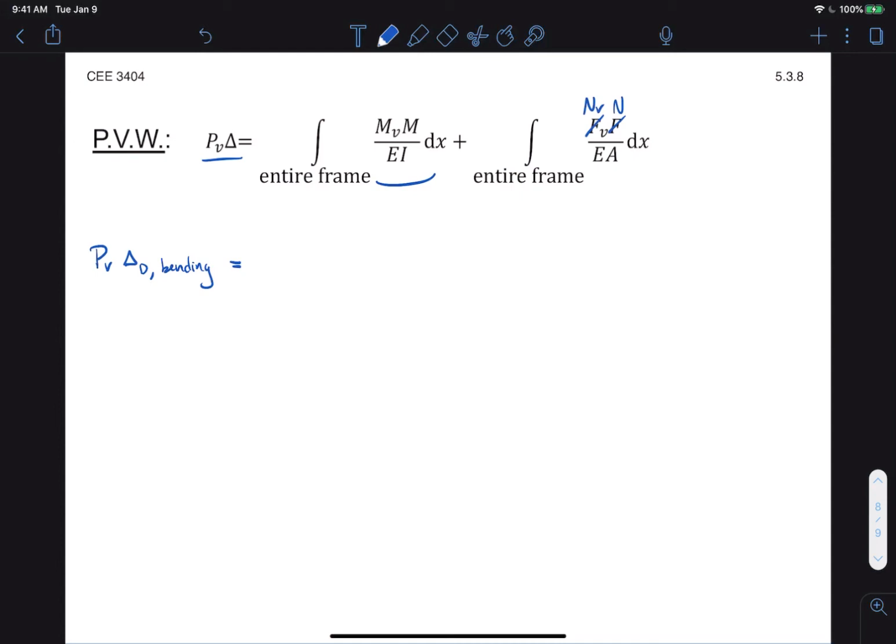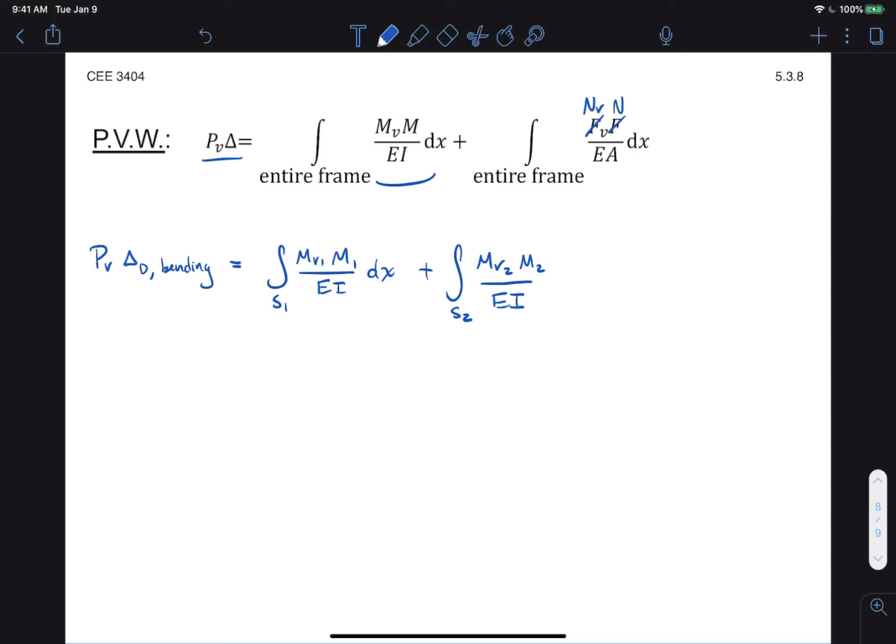So we have the integral over section 1. It's going to be mV1 times M1 over EI dx plus the integral over section 2, which is mV2 times M2 over EI.